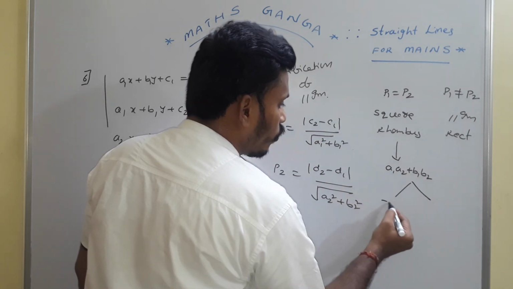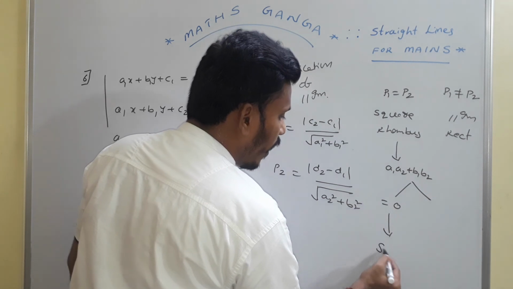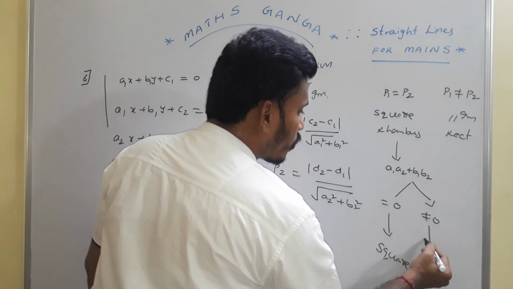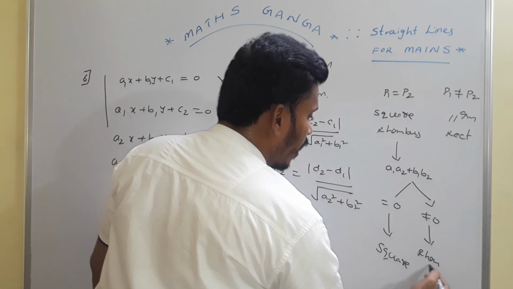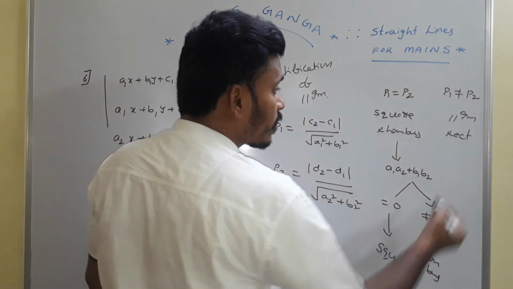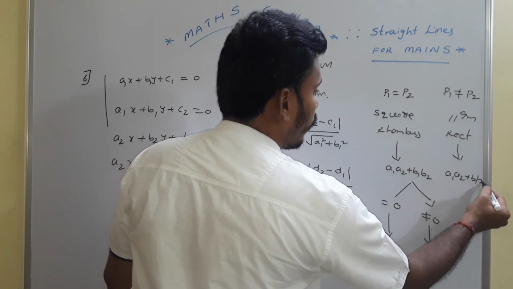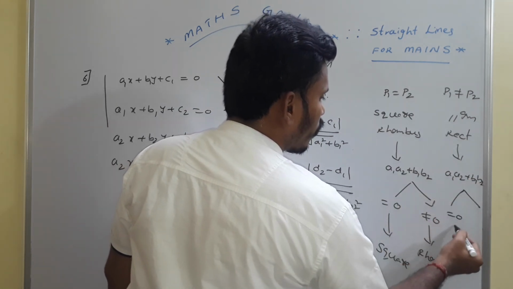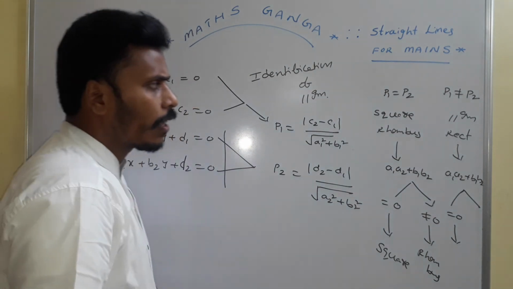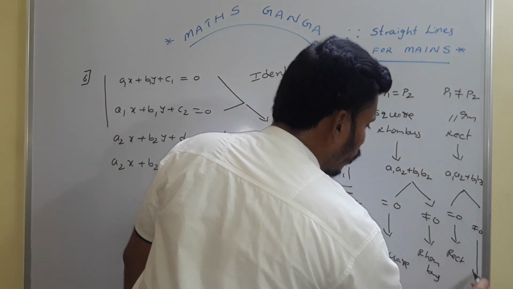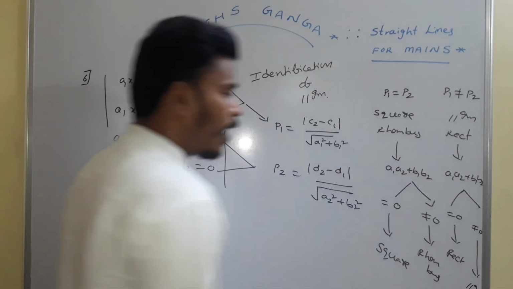If this value is equal to 0, then it is a square. If this value is not equal to 0, then it is a rhombus. Like this, here also you need to check a1 a2 plus b1 b2. Now if this is equal to 0, then it is a rectangle. If this is not equal to 0, then it is a parallelogram.